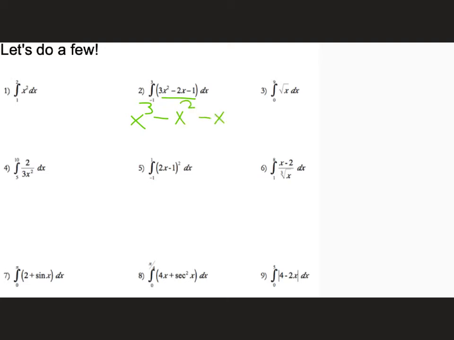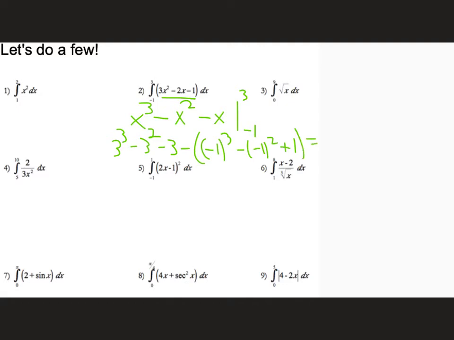That would be x. So we evaluate that from negative 1, not negative 3, negative 1 to 3. And we plug in. So we've got 3 cubed minus 3 squared minus 3, minus negative 1 cubed minus negative 1 squared minus negative 1.